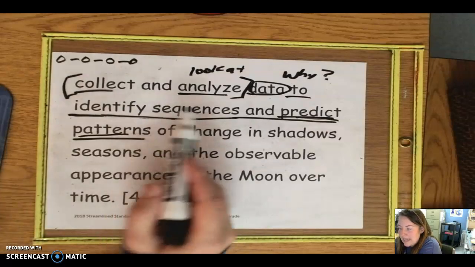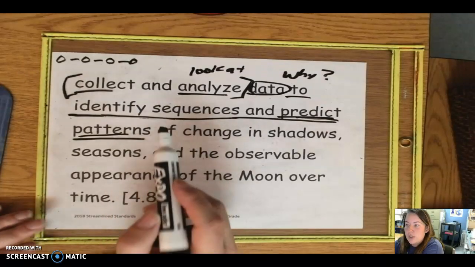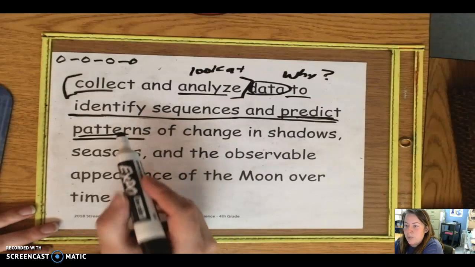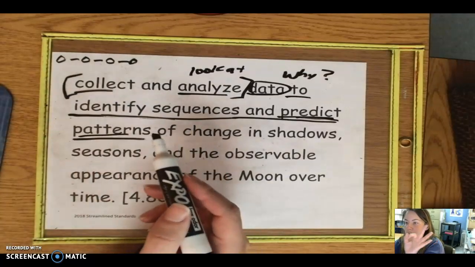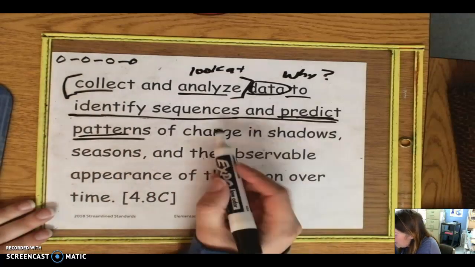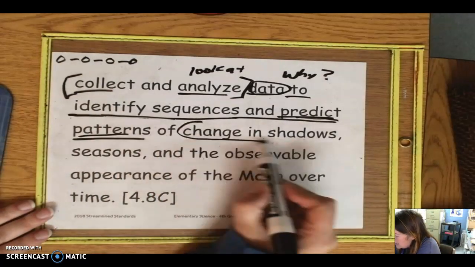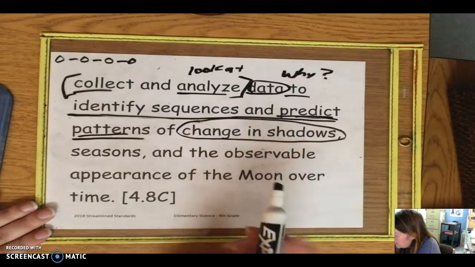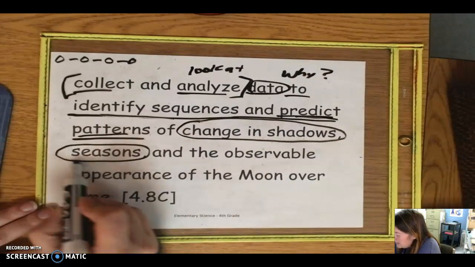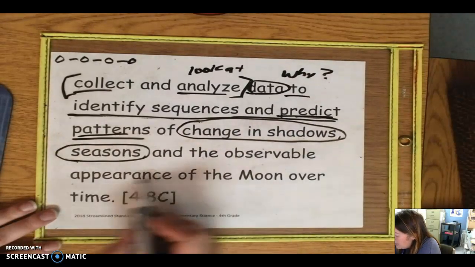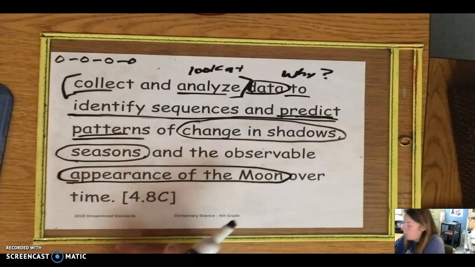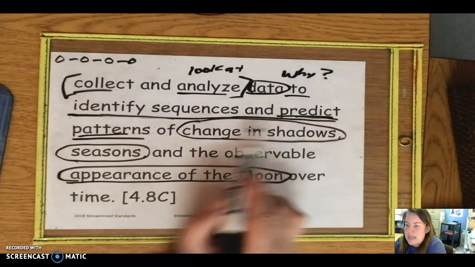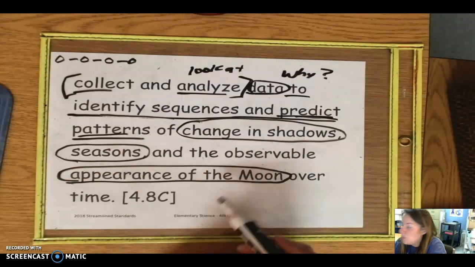So we're going to collect and analyze data to identify sequences and predict patterns, but of what? Not of circles and lines, of three different things. Of changes in shadows, seasons, and the appearance of the moon. So we're going to study three main chunks over the next 2 weeks.